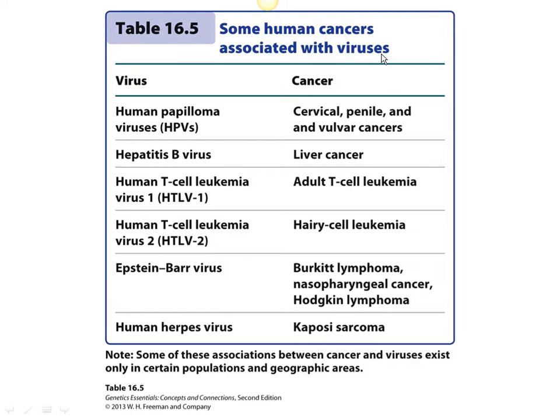Then, I touched on this, viruses can also bring in cancer genes, which adds a whole other layer to this. So you may be familiar with some of these viruses. Human papillomavirus, that's been getting a lot of press. The HPV vaccine that's available inoculates against this virus.